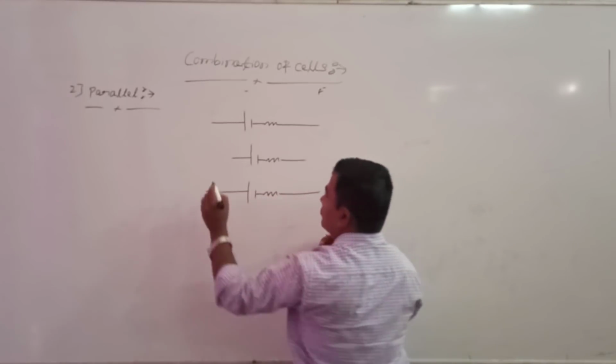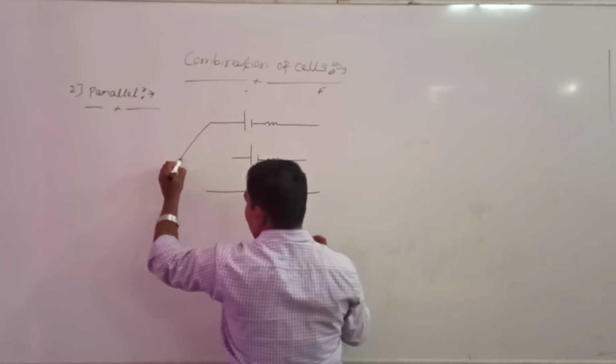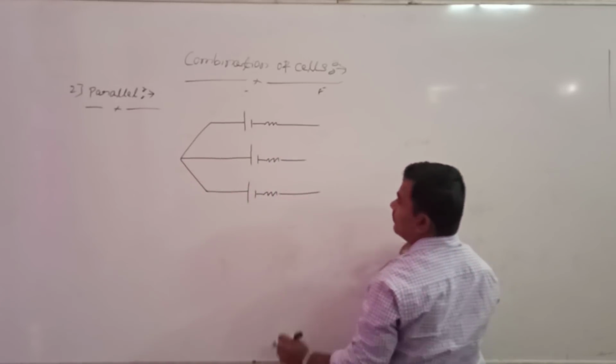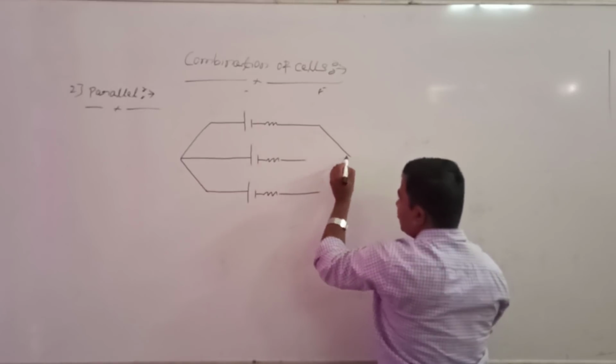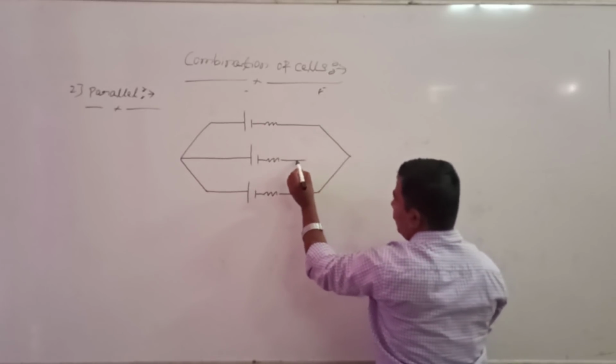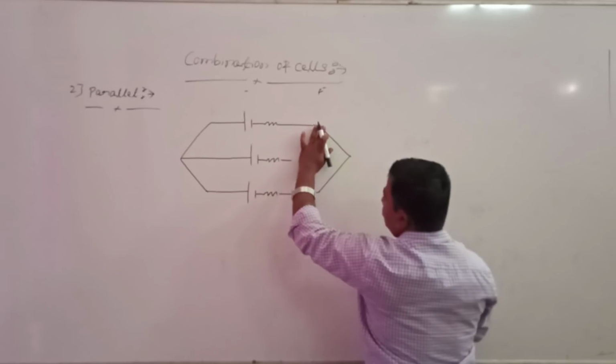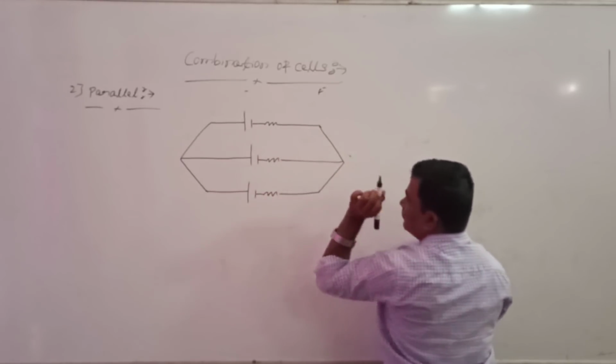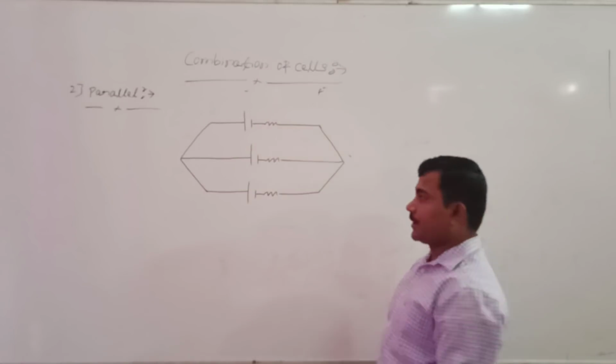All the positive plates are connected to a common point and all the negative plates are connected to another common point. This is another common point.